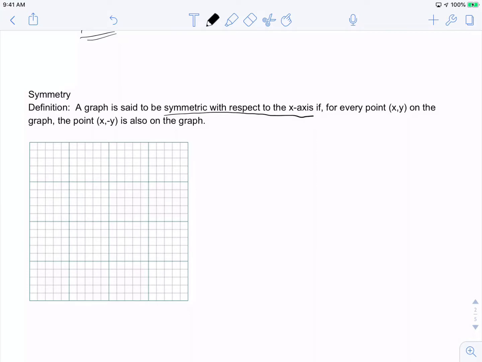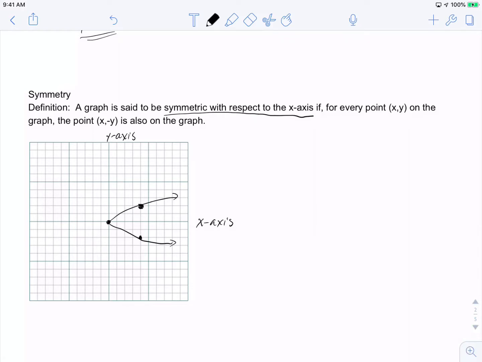So let me just give you a quick example of that so you guys can see it pictorially. So here again is the x-axis, here's the y-axis, and so I'm going to plot some points. I'm going to plot this here for you, and we're going to see it's a parabola that looks sideways, right?